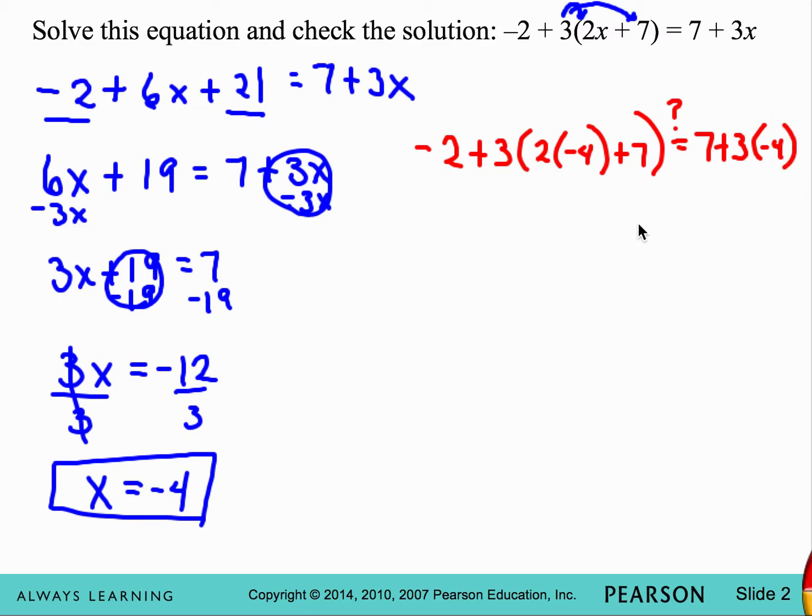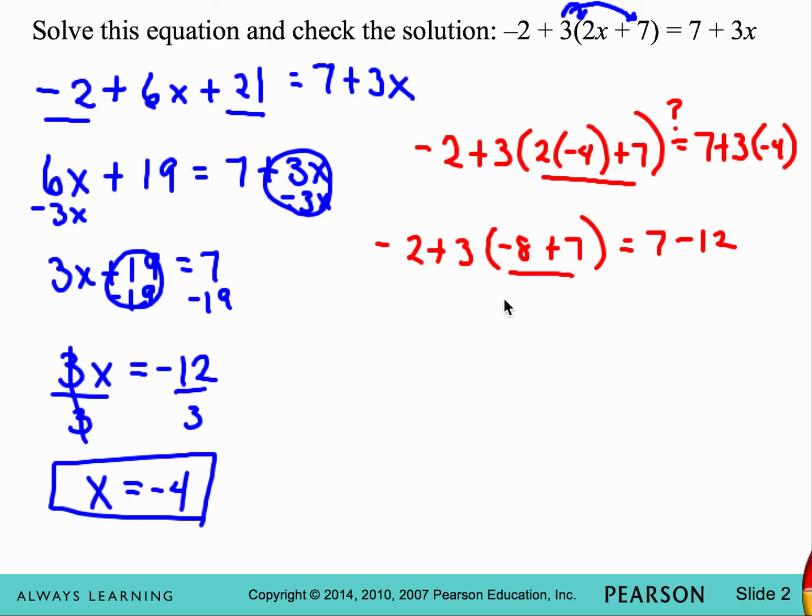Okay, so inside parentheses first, right? So everything else is going to stay the same. But inside parentheses, I got two things to do. So multiplication first, negative 8 plus 7. Okay, is that the same thing as, and 3 times negative 4 is negative 12.